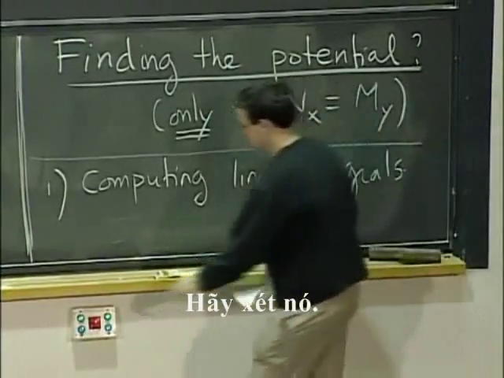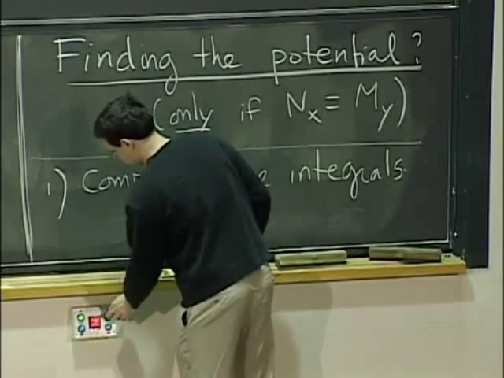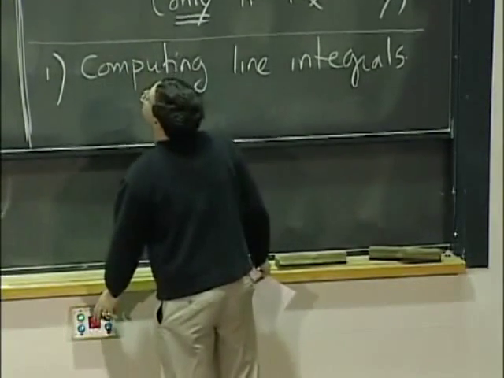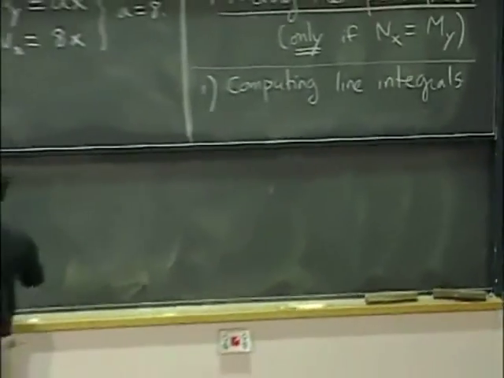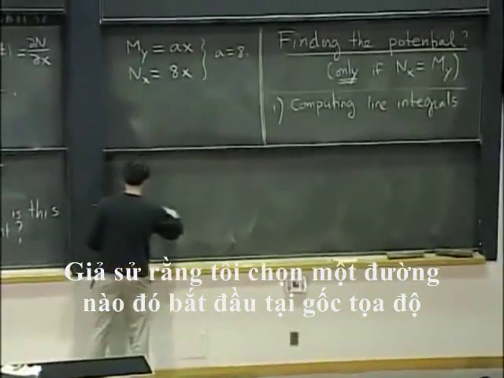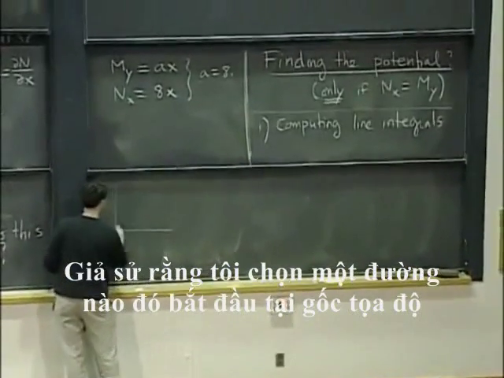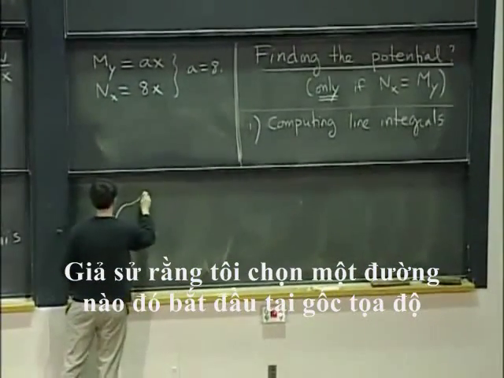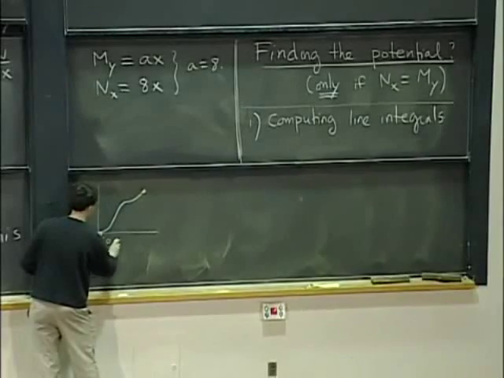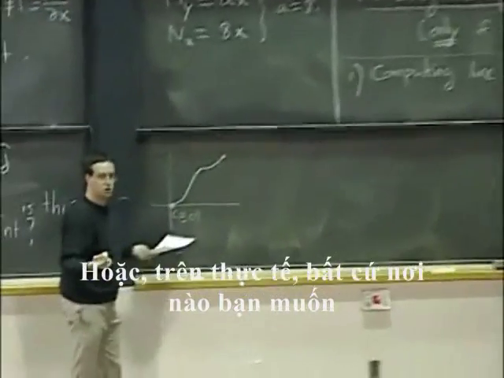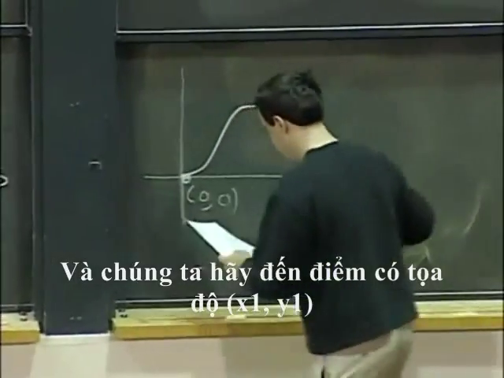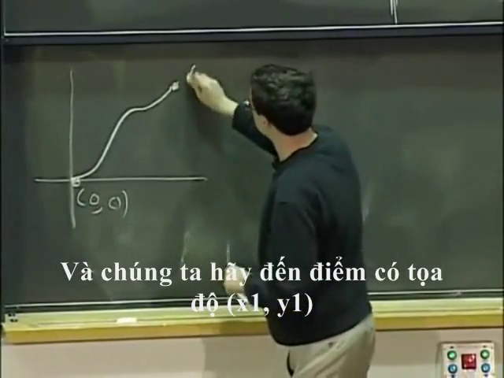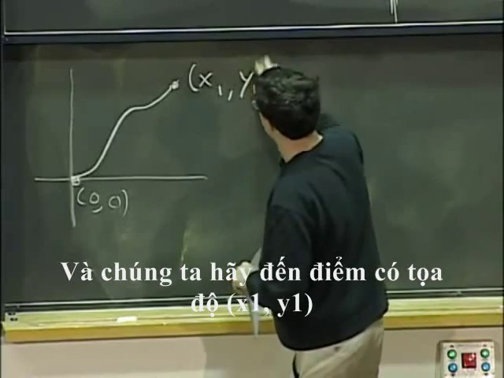So let's see how that works. Let's say that I take some path that starts at the origin, or actually anywhere you want, but let's take the origin. That's my favorite point. And let's go to a point with coordinates, say, x1, y1.